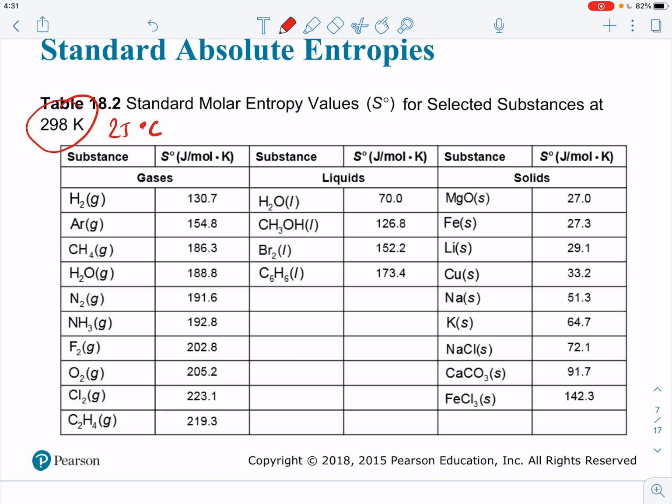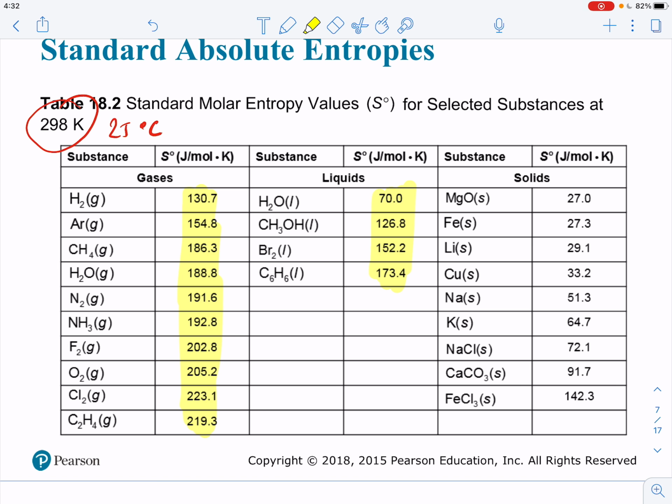Out of this table, the one thing that you may want to notice is that we have gases here, and if you look at the values of the gases, they are all in the hundreds. These values are generally larger than what you have here.